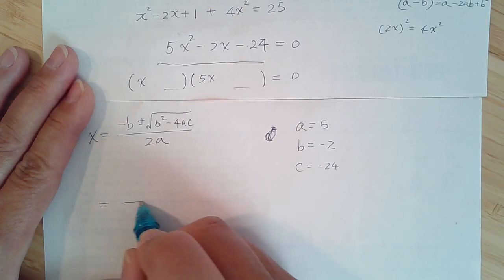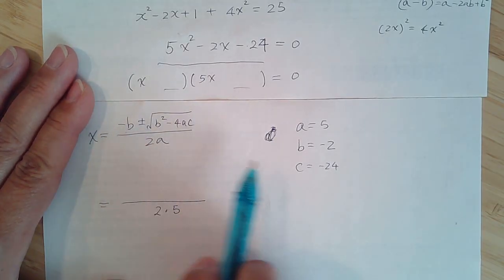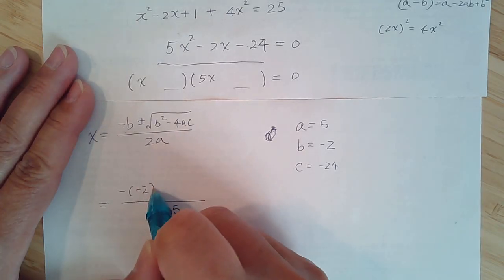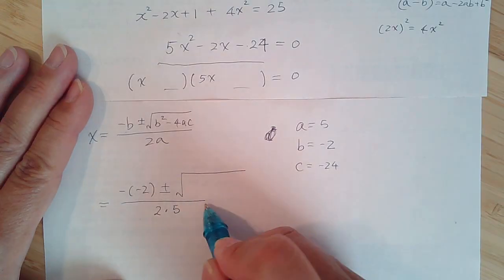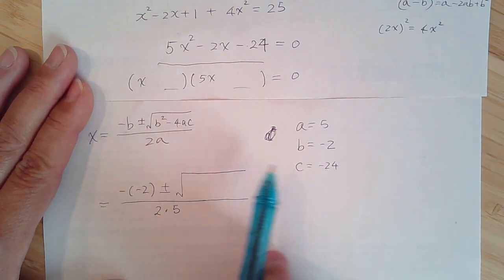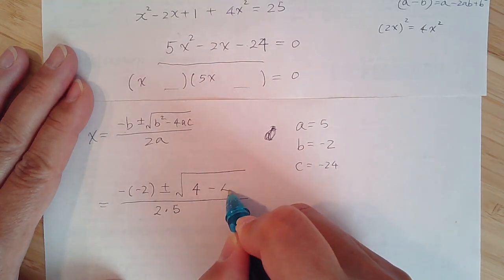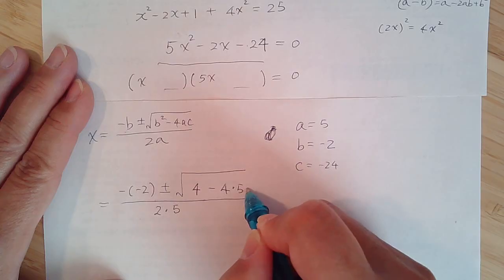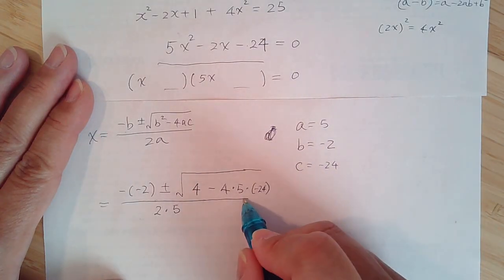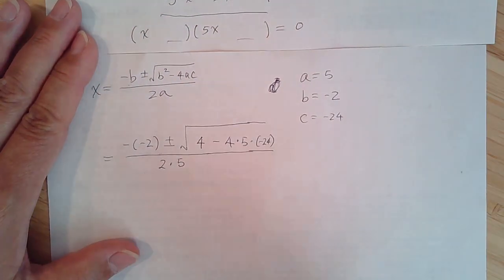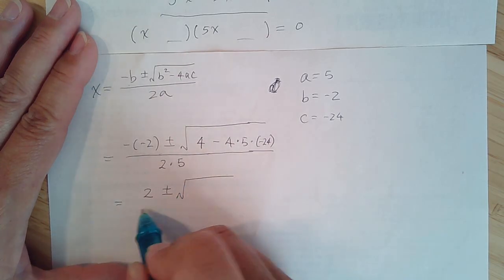Therefore, x equals negative b, which is negative 2, plus or minus the square root of b squared, which is 4, minus 4 times a times c, where c is negative 24, all over 2a, which is 2 times 5. So I have a positive 2 on top, plus or minus the square root, and on the bottom I have 10.